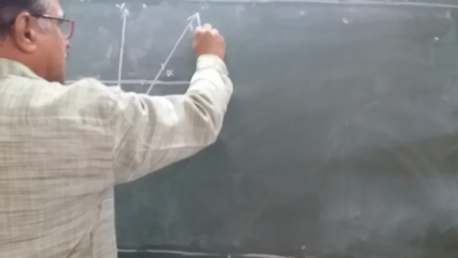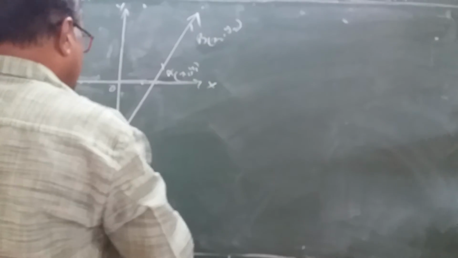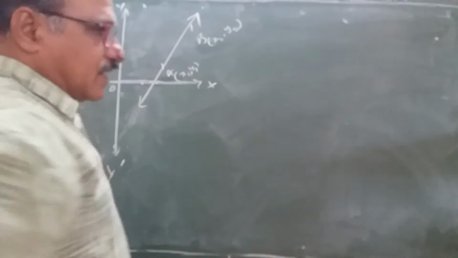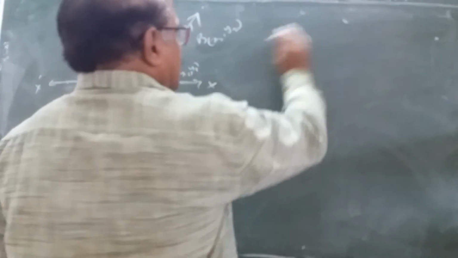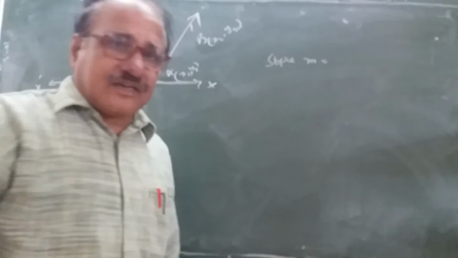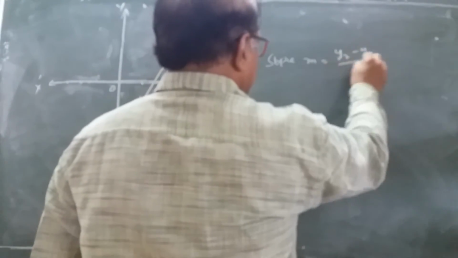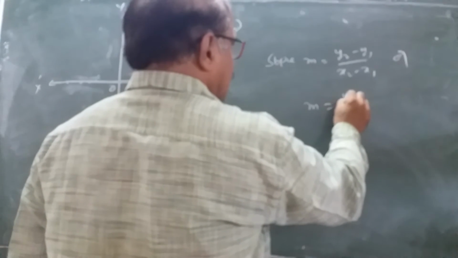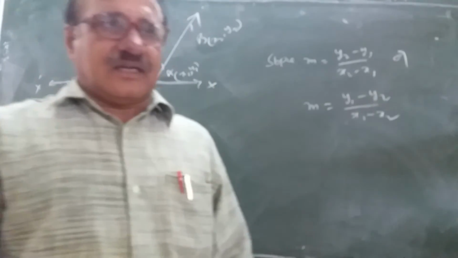If A is the point (x1, y1) and B is the point (x2, y2), then the slope of a line passing through A and B can be defined by the slope m equal to the difference of the y coordinates by the difference of the x coordinates, that means (y2 - y1)/(x2 - x1), or m can be determined by (y1 - y2)/(x1 - x2). Either is right.